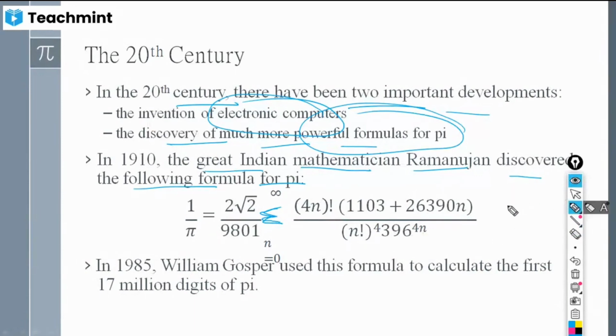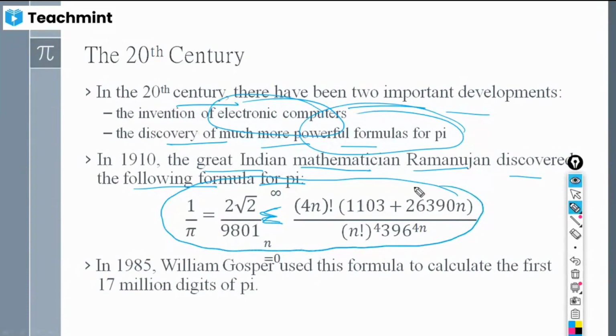See, this formula was given by Srinivasa Ramanujan. Just if you replace n equal to 0, you would get more than 16 decimal places of the accurate value of pi.